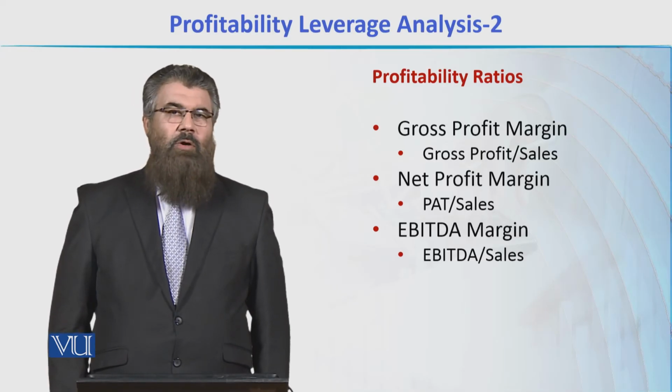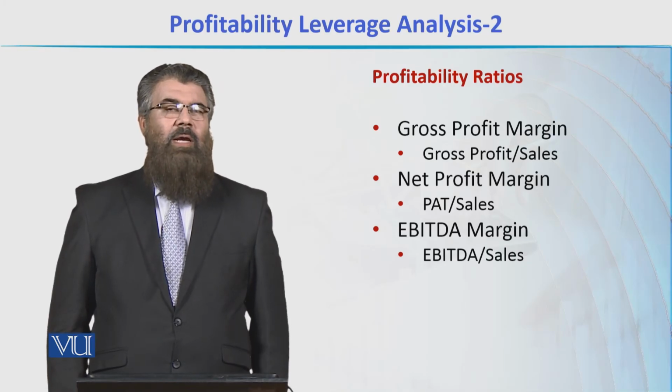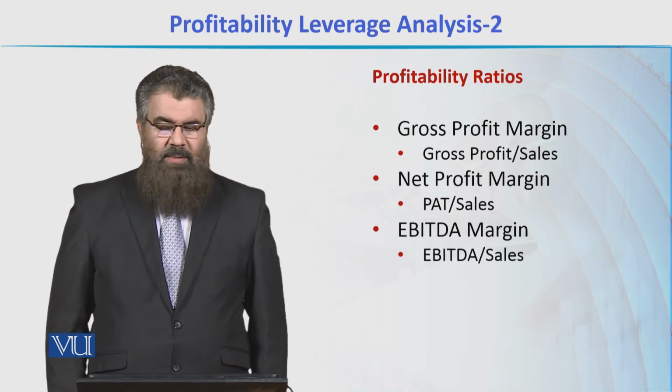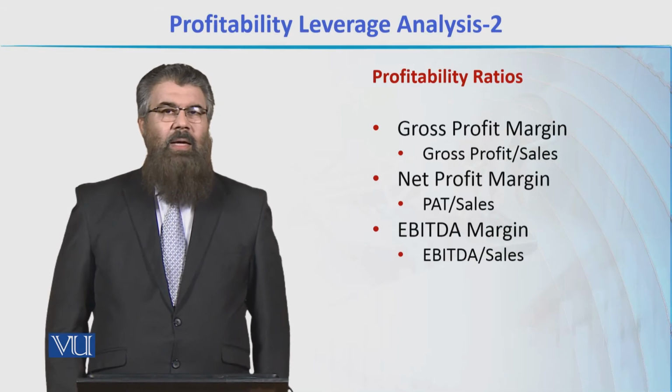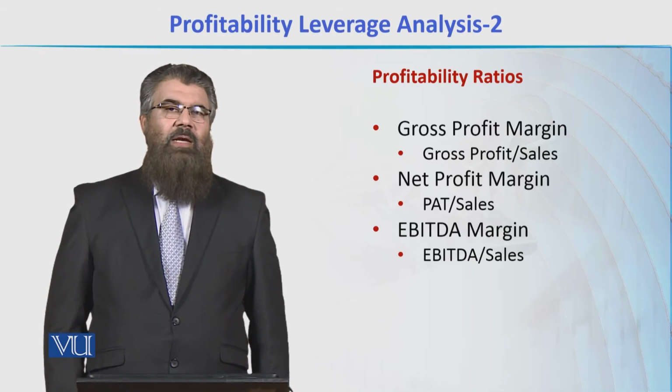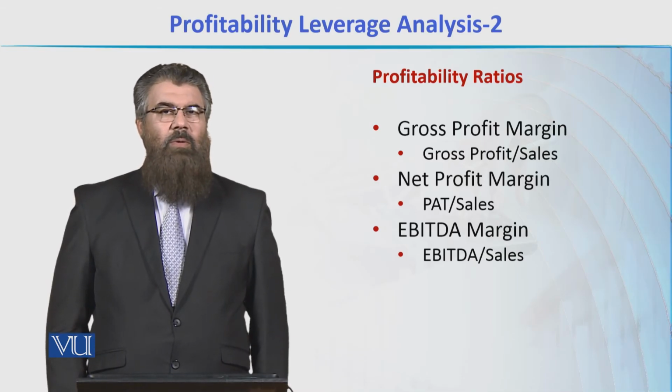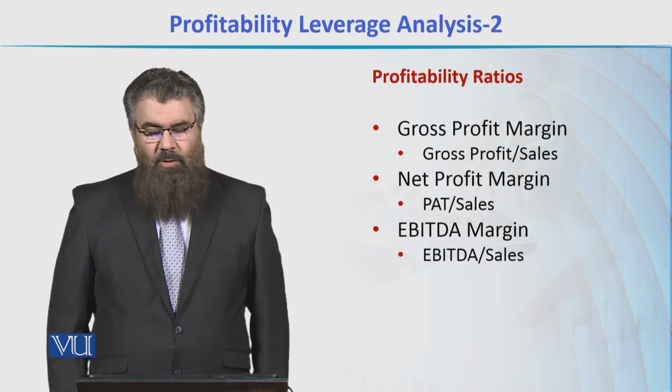Similarly, from the gross profit, then we subtract the operating expenses, यानी marketing or selling or administrative or general expenses. जब ये हम minus करते हैं तो हमारे पास net profit की figure आती है. And this net profit when divided by sales or revenue gives us the net profit margin.